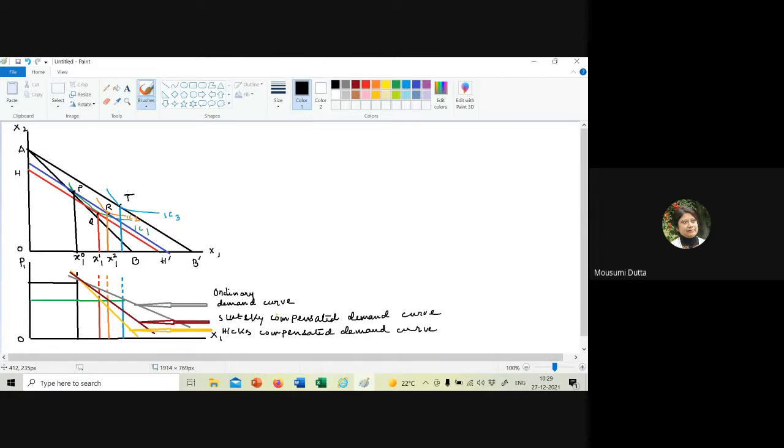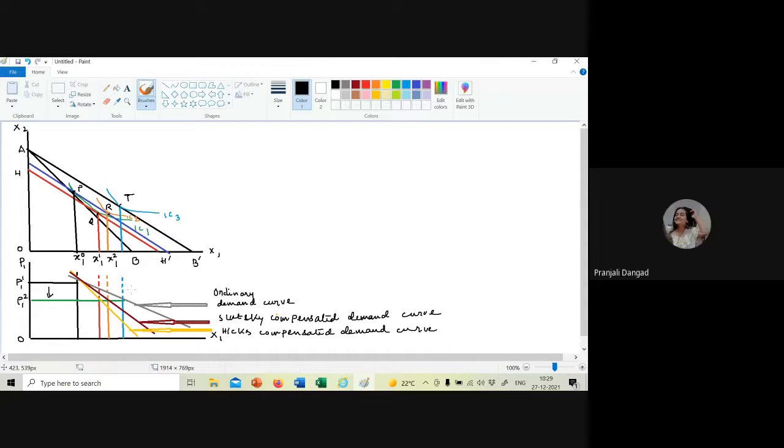So now tell me if anyone has any problem in understanding any part of the diagram. Ma'am, I have a doubt, but it's not related to the diagram. Yes. What's that?